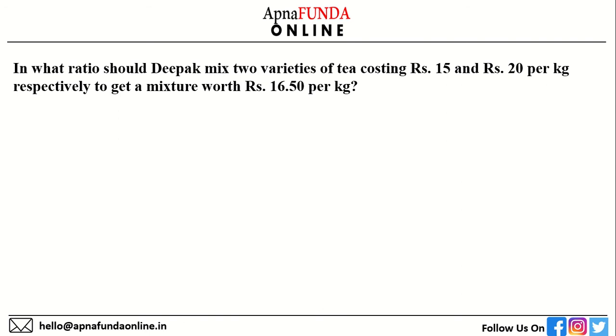Now we know that there are two teas, one at 15 rupees and the other at 20 rupees a kg, which have been mixed to get a mixture worth 16.5 rupees per kg. The costlier variety is 20 rupees per kg and the cheapest variety is 15 rupees per kg.